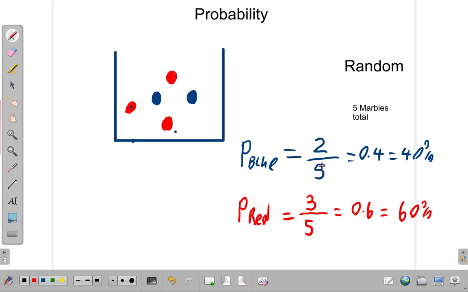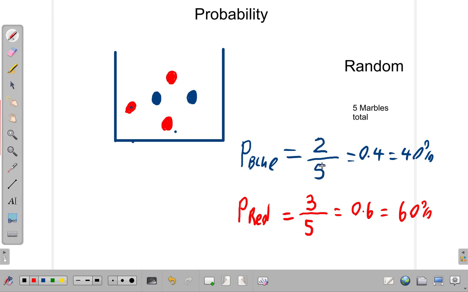You shake up the box and you just feel the marble without looking in it, because someone with control over which marble is picked could just look in the box and always pick a blue marble, and the probability of getting a blue marble is always 100% in that case, because that person only wants to pick blue marbles.